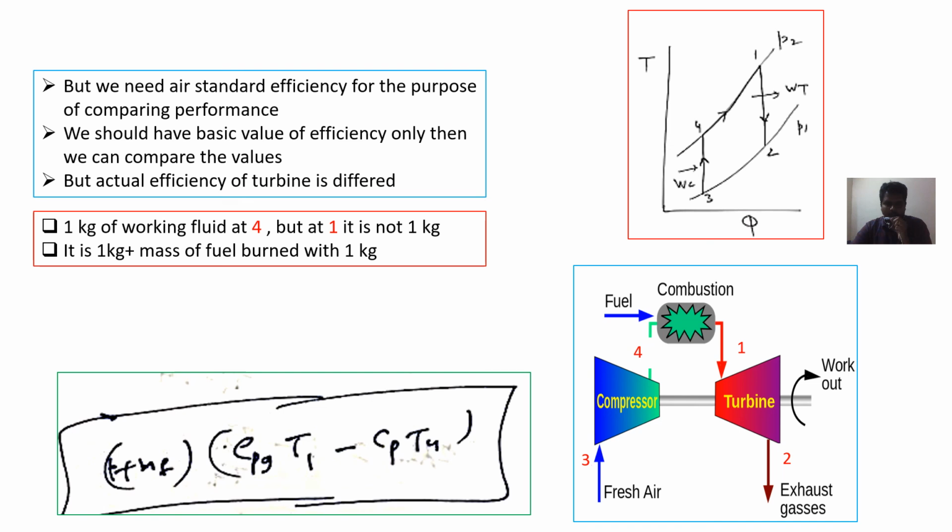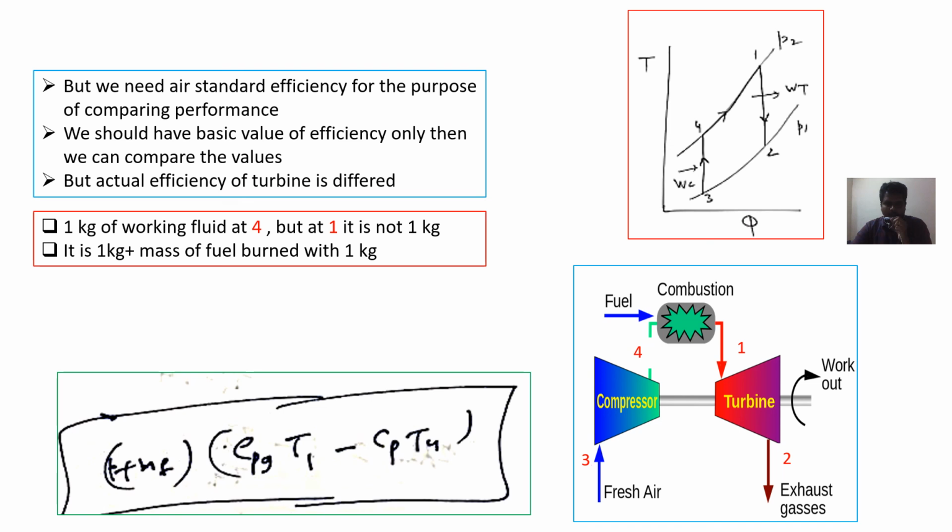After combustion, high energy flue gases enter into the turbine. So definitely at point 1 there will be gas. So at point 1 I have written Cp gas T1, minus Cp T4 at point 4.